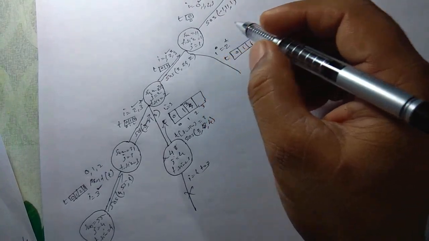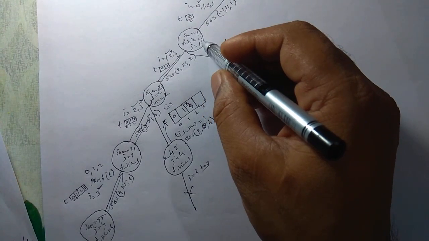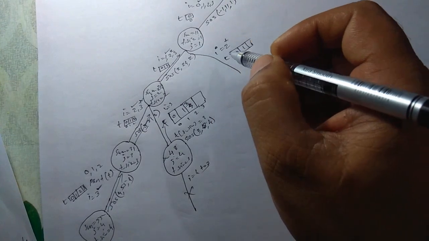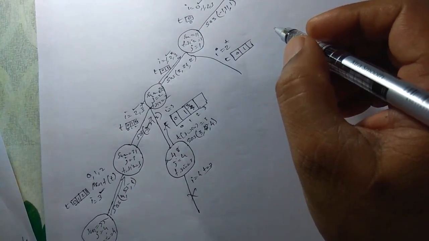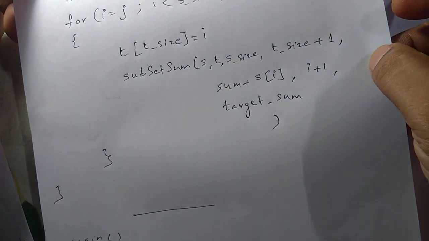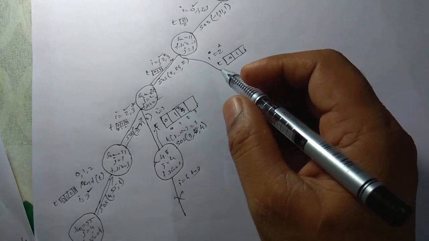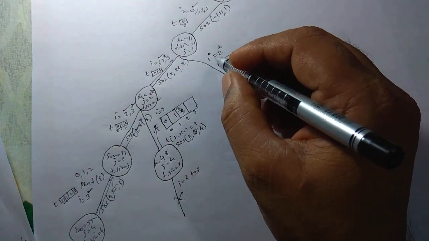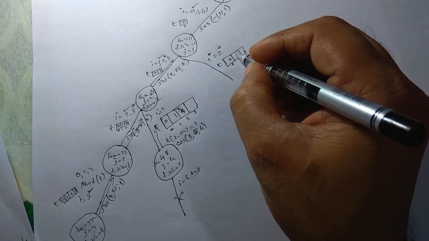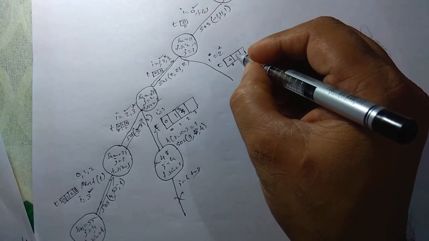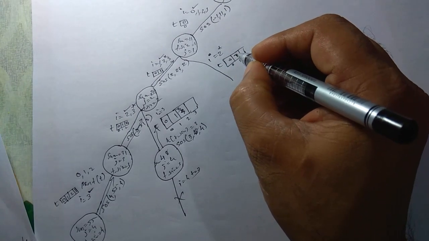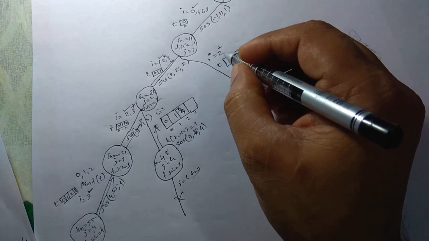We know t size is 1. Inside the for loop it is updating t of t size equal to i. T size is 1, so it is overwriting this cell with the value of i, which is 2 here.